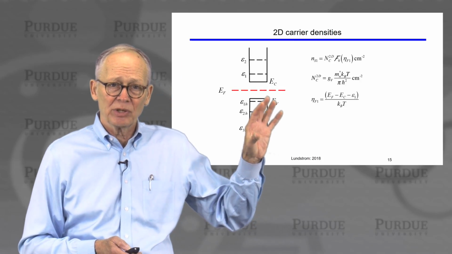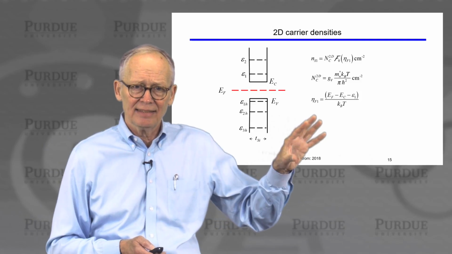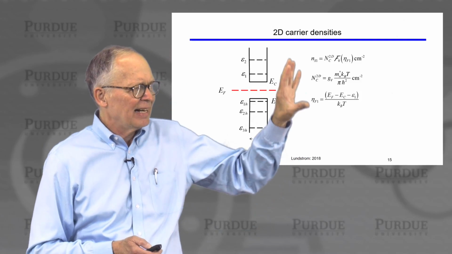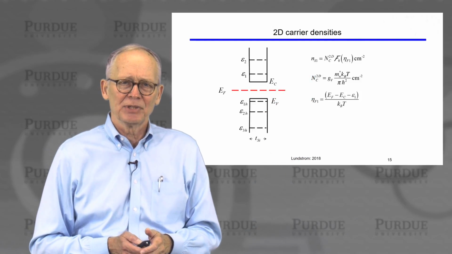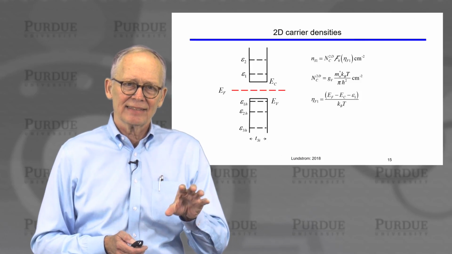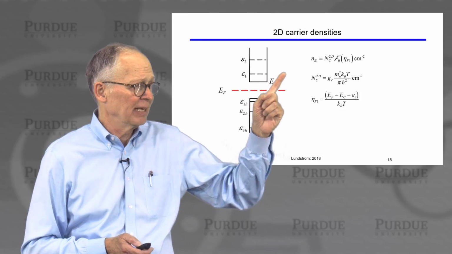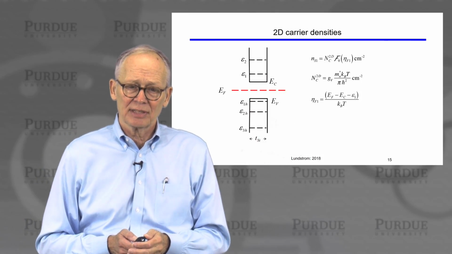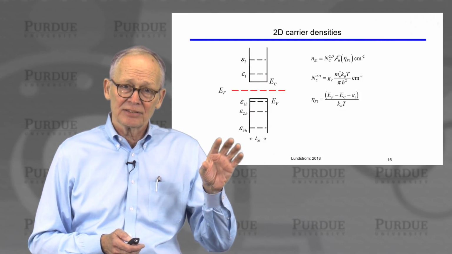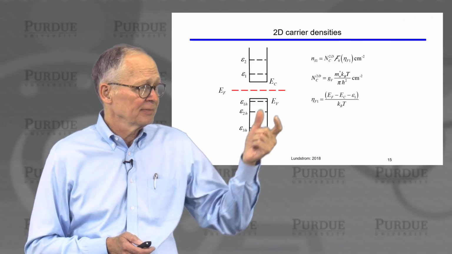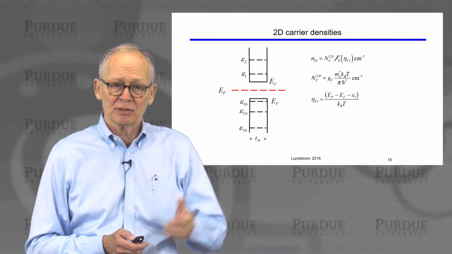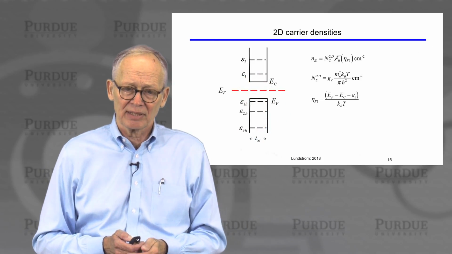Okay, now if we ask what are the carrier densities in this system, I'm not going to go through the details, but you could integrate the density of states times the Fermi function over the energies in the conduction band, and you would get an expression that relates the carrier density per square centimeter, all of the electrons in this quantum well, to the location of the Fermi level.